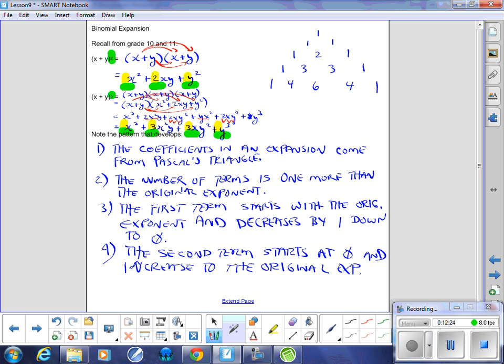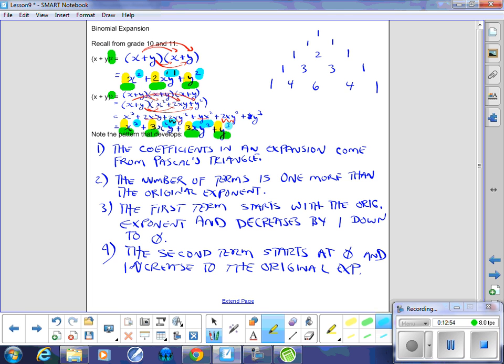Okay. Any other patterns that come from this? Well, if we look at the exponents themselves, do I have another color? Yeah. All right. So we know that exponent 2 matches up with the original. If those exponents on the x and y are 1 and 1, the sum of them give me 2. Does that pattern hold? Exponents 3, 2 and 1 is 3, 1 and 2 is 3.